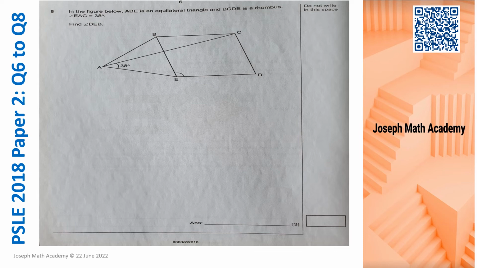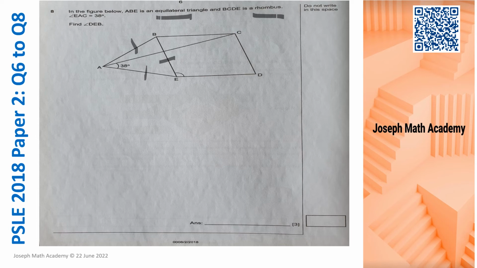Question 8. Question 8 is a geometry question. It involves an equilateral triangle and a rhombus. Now, these two pieces of information are super useful. So when we read the question and it says equilateral, we have to mark the triangle. Equilateral means 3 sides are equal, and the rhombus also has 4 equal sides.